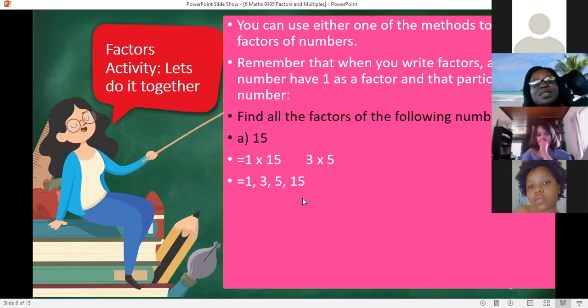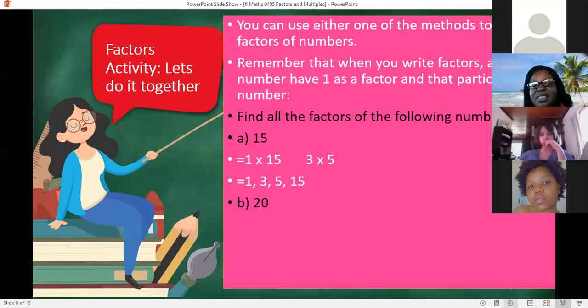Yes, 5. Because remember, I said 4 times 5 to get 20. And then after 5, which one before 20? What is half of 20? 10. Yes. And then the last one will be? 20. Well done. Thank you so much, Tafika, for taking the risk and for answering.